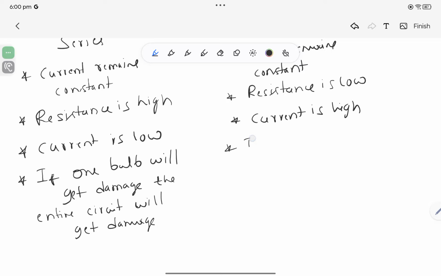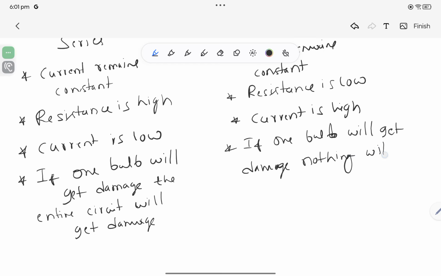Here, if one bulb gets damaged, nothing will happen to the others. Nothing will happen to the other circuits. Remaining circuit is fine.